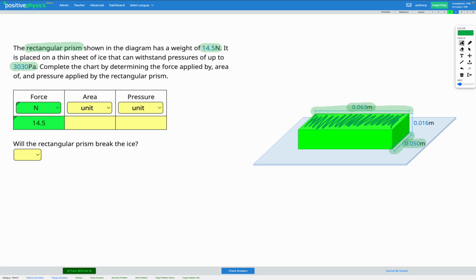So just to draw that out more clearly, if this is a bird's eye or top-down view of our rectangle, we know that one side is 0.063 meters, and then the shorter side is 0.050 meters. That area is the area of our rectangular prism that is touching that sheet of ice. That's the area we need to find.